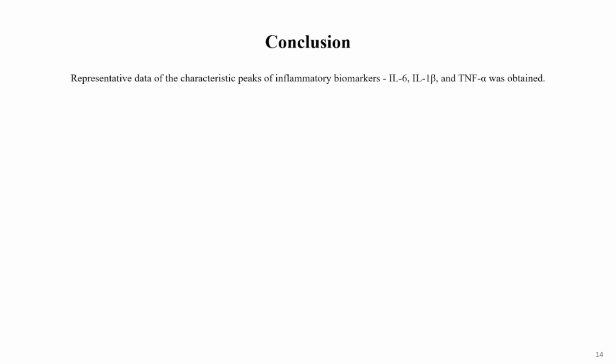Now coming to the conclusion part, I have shown you here the representative data of the characteristic peaks of all the inflammatory biomarkers. I had to play around with the inflammatory biomarkers. I have to first conclude what are the inflammatory biomarkers to be used, and later I had to work on what can be the different biomarkers and their relation to different diseases.